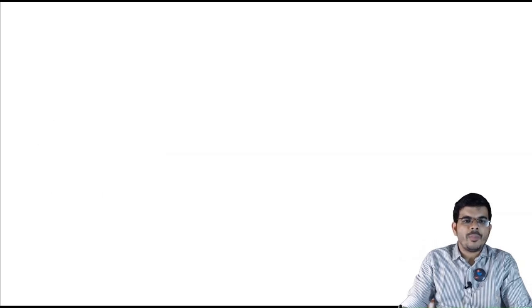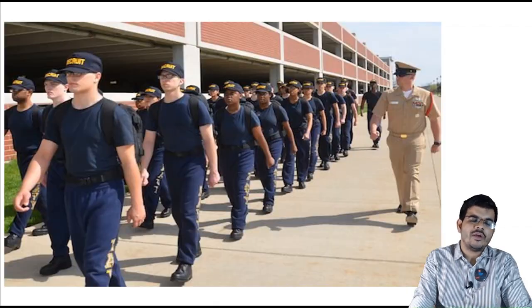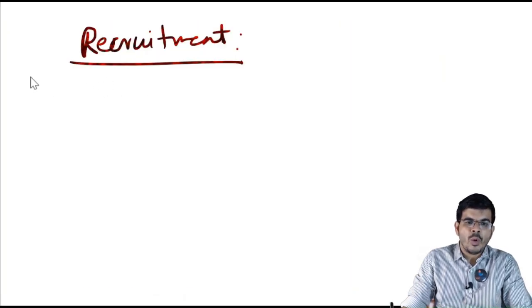Now coming to another phenomenon that you have to know. That is called recruitment. You might be familiar with recruitment of police, soldiers, etc. Just like that, here more and more nerve endings are getting recruited.